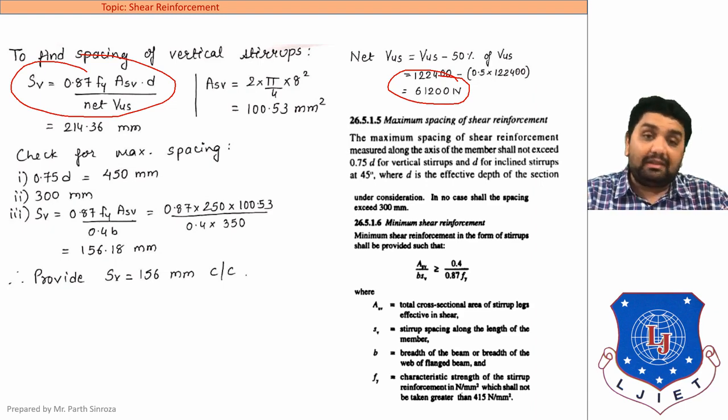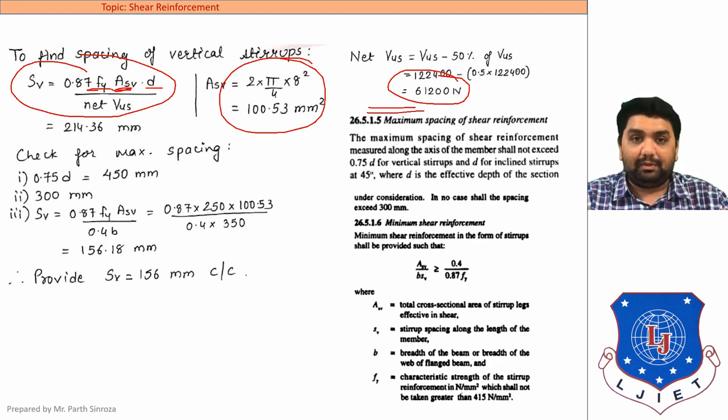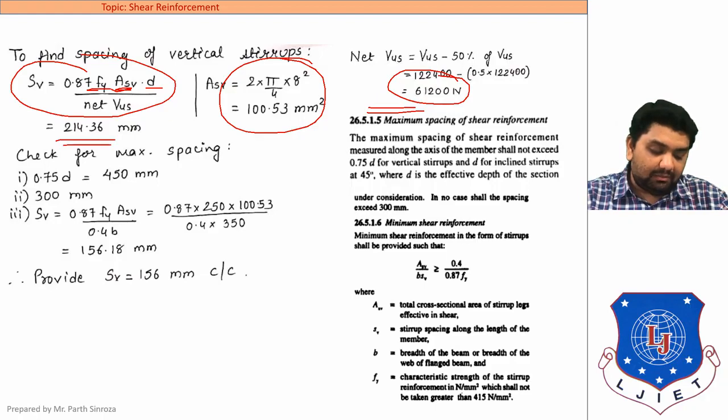Now keep in mind this is design of stirrups, so the values to be put are also to be kept for stirrups. So Fy in this case will be 250. ASV will be for stirrups, that is 2 into pi by 4 into phi square. D will be the effective depth, and net VUS we consider to be this value. Clear?